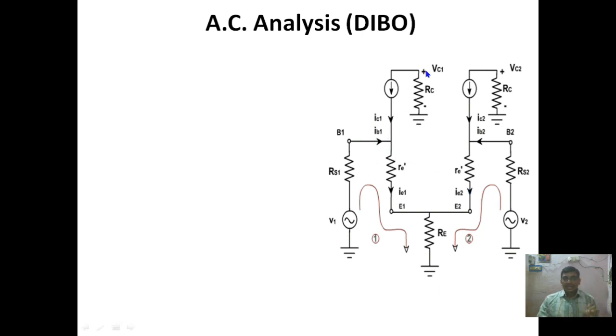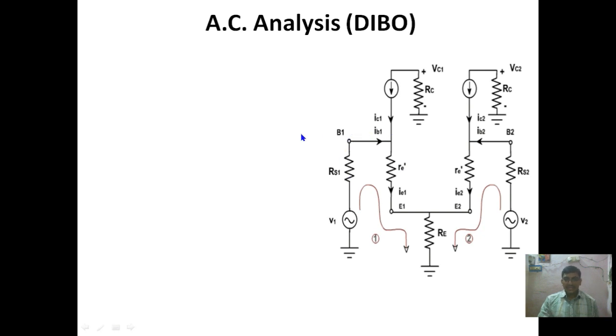So in this equivalent circuit, the AC analysis equivalent circuit, we can observe that the DC source VCC was grounded, and here the VEE source is also grounded. Next, these transistors were replaced with the R parameter equivalent circuit, which contains RE dash and one current source HFE.